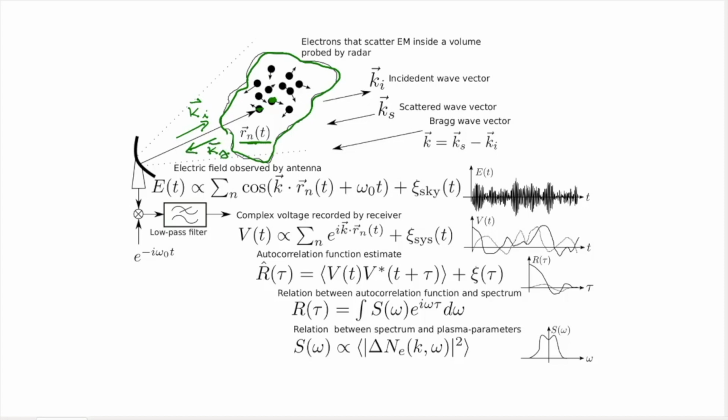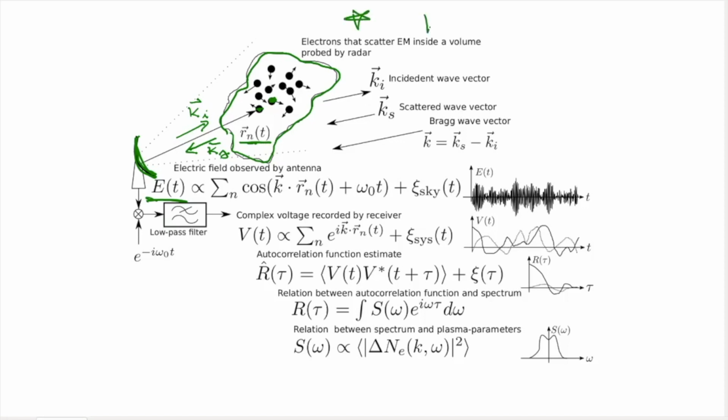The scattered electromagnetic wave, including contributions from all of the electrons inside the volume of plasma, is then received by the radar antenna. The electric field received by the radar antenna is denoted with E of t. In addition to the radar echo from ionospheric plasma, the received signal also includes contributions from other radio sources, primarily of cosmic origin.